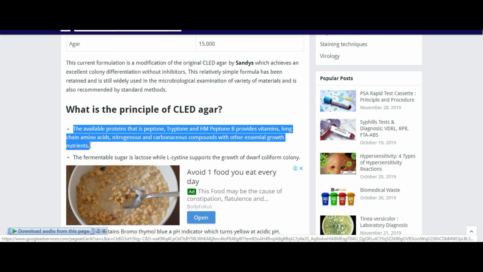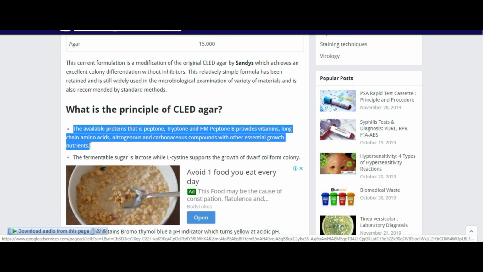If you are inoculating, let me say, urine on CLED Agar, you're actually looking for the type of bacteria found in that urine. So CLED Agar, which is a rich media, will promote the growth of these bacteria because it contains almost all nutrients which favor their growth. Peptone is protein, and protein in general is essential for the development of microorganisms.